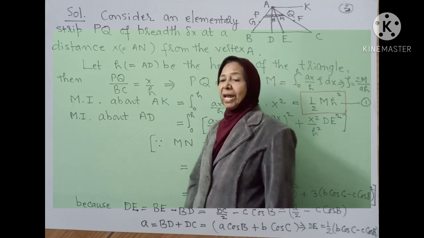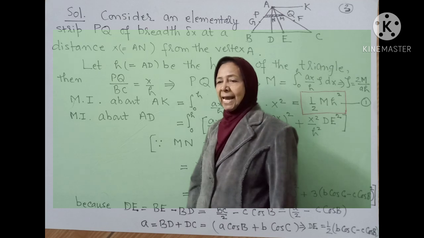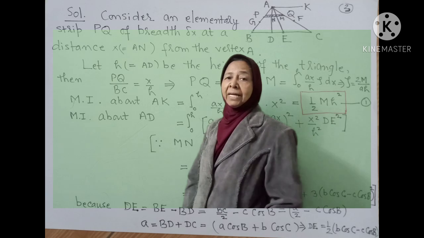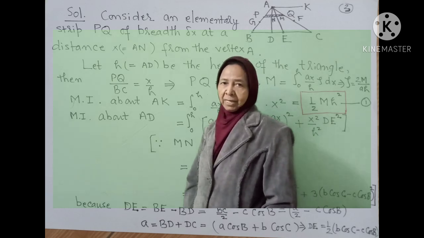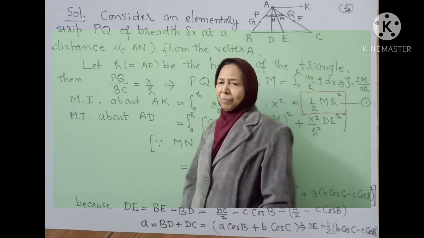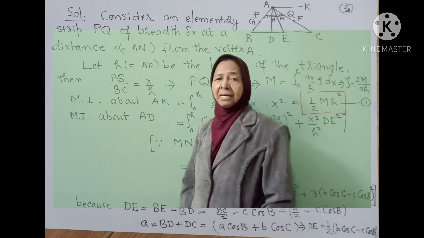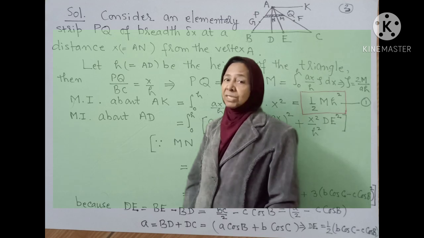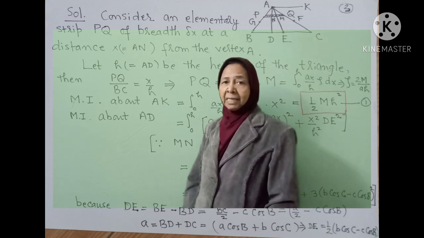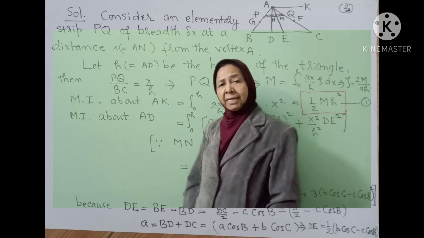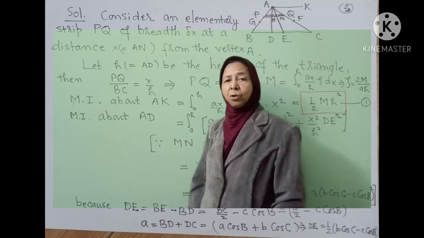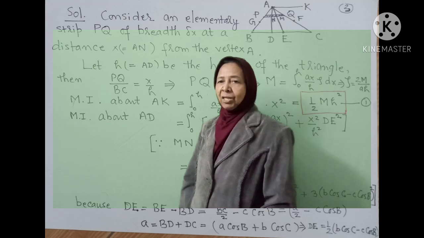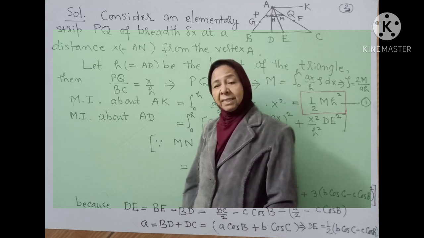So mn is found as x square by h square into de square. Now tell me one thing, this de we can take outside the integration. Why? Because it is independent of the rod chosen. Whatever rod you choose, this will be the same.